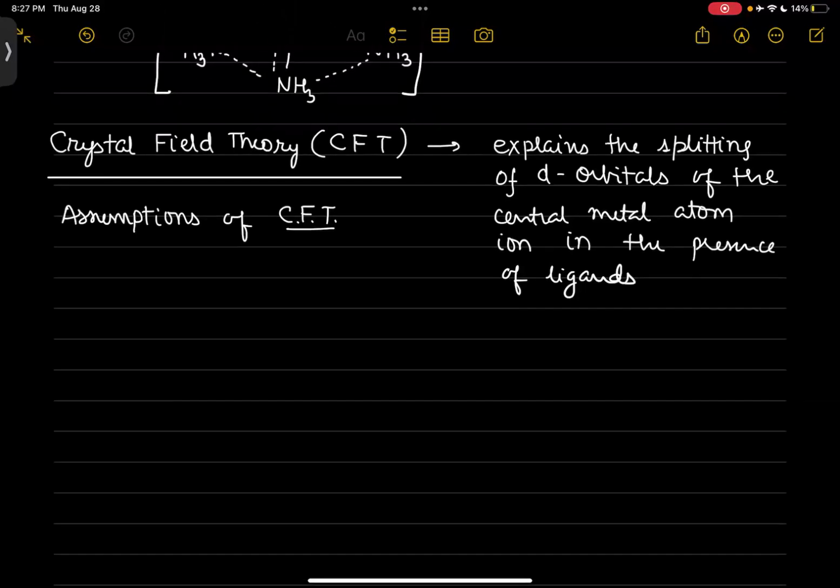And by combining both of them, you have the complete idea of the bonding in complexes. Okay. So in the CFT, the biggest assumption which is not true, we know that, is the interaction between the metal ion and its ligand.